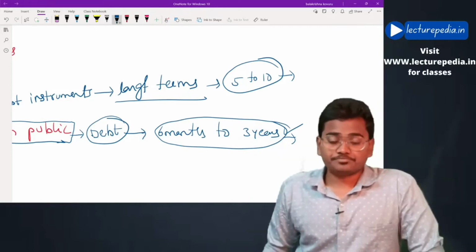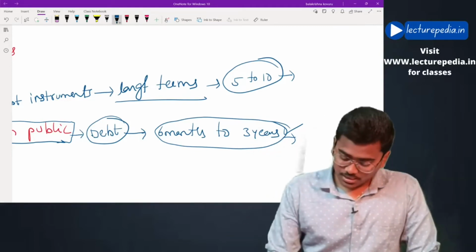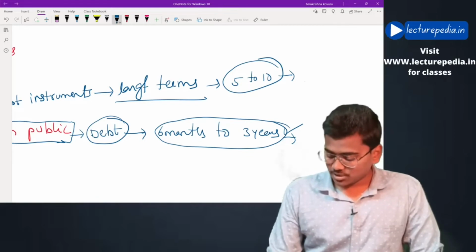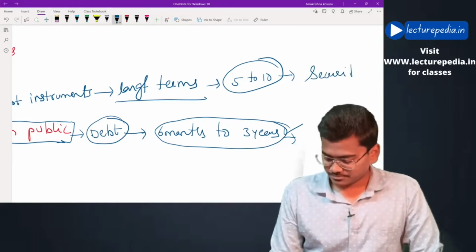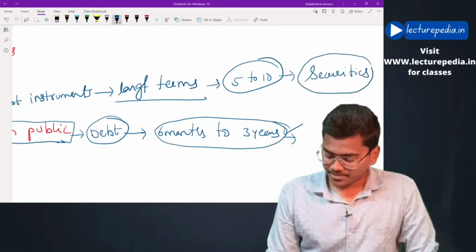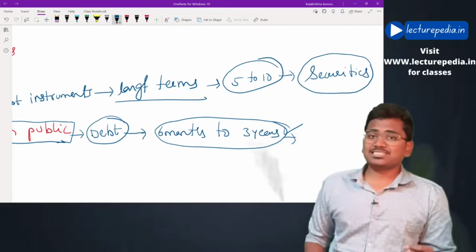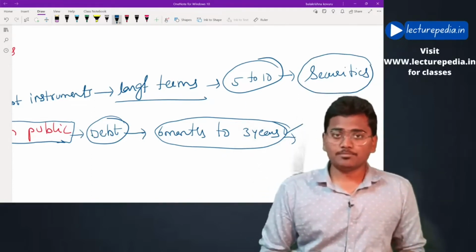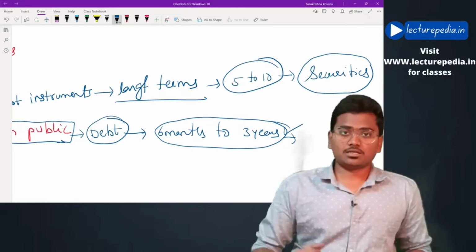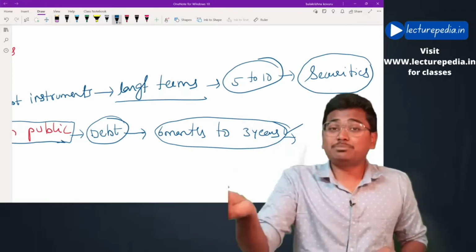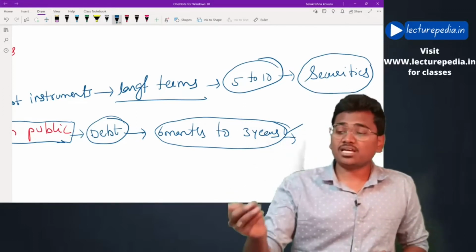And also, debentures are securities. Once the company raises money from the public through debenture form, it will issue debentures to the public. That would be a security.